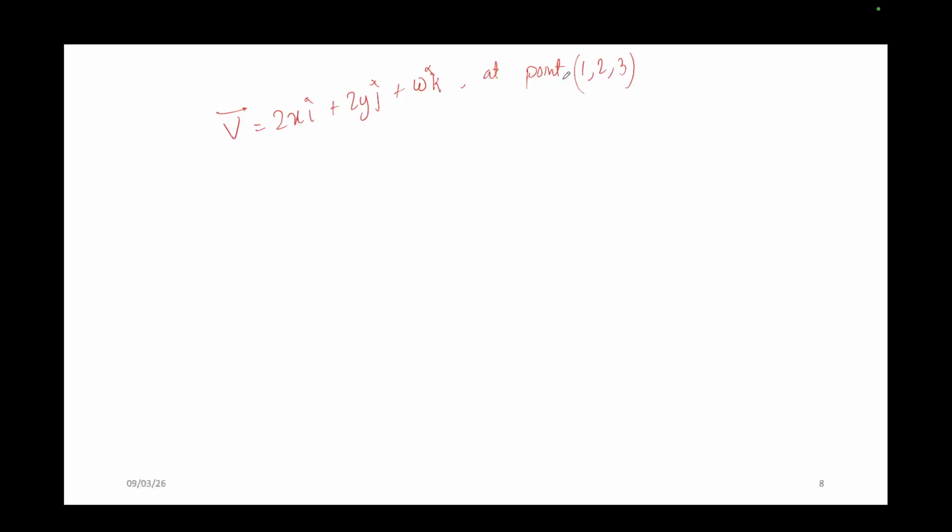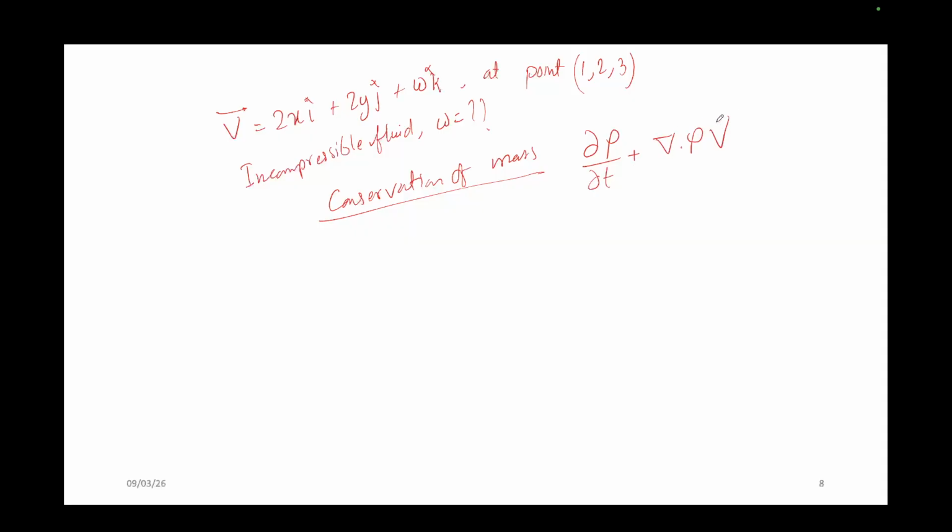1, 2, 3 means x equal to 1, y equal to 2, z equal to 3. Given it is incompressible, so w equal to what? From the conservation of mass, I can write the equation from the beginning, in case you forget it: the derivative of rho v. As it is incompressible, this term will be 0.